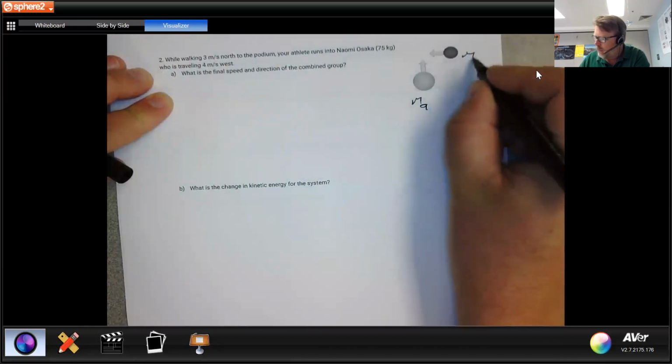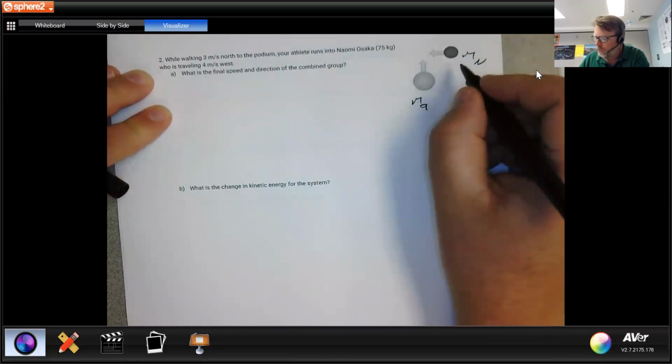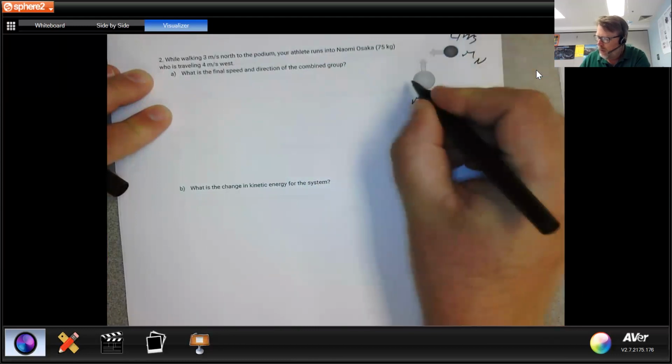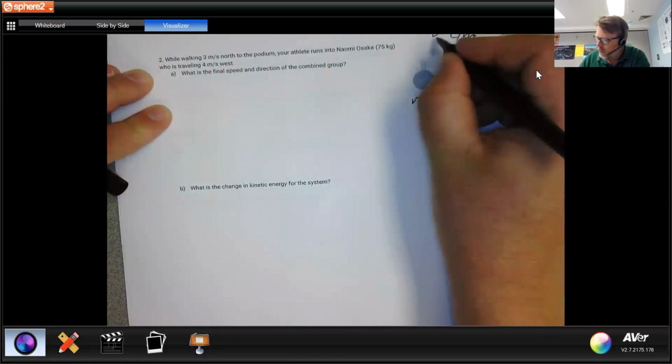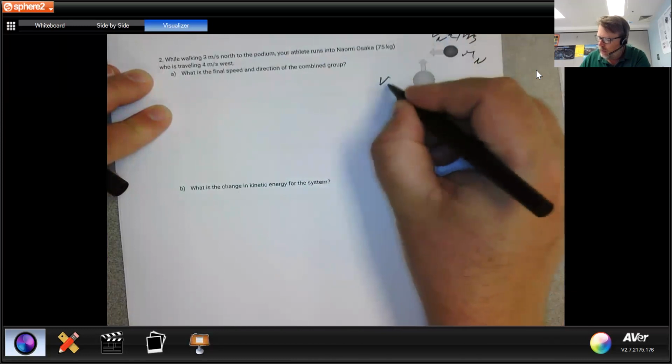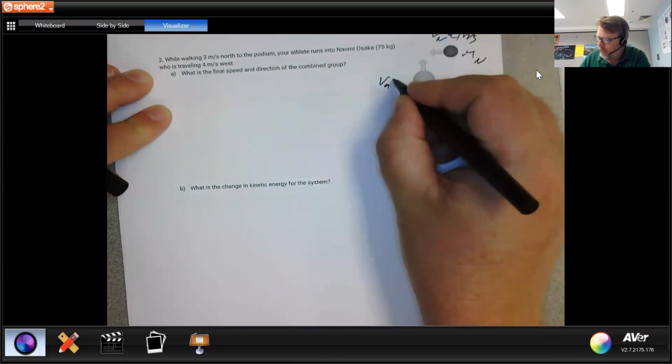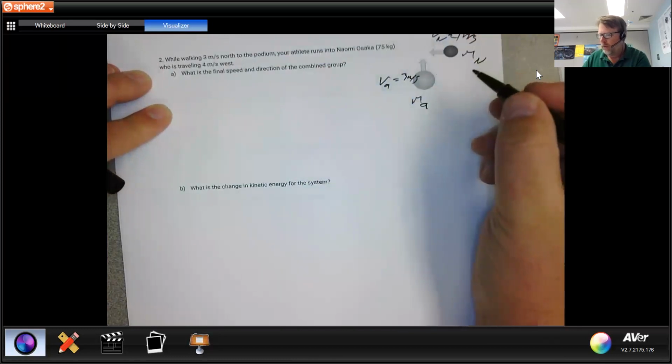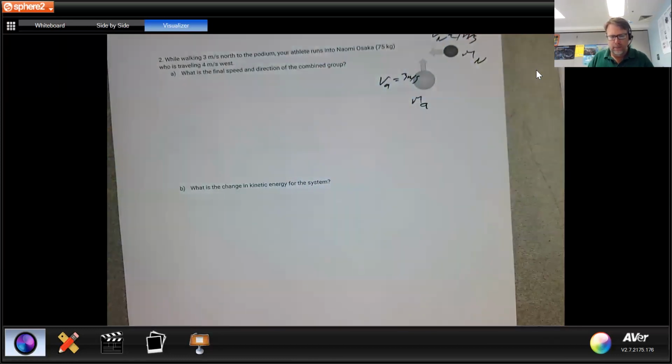We have mass of Naomi over here. She is traveling west. So that's V Naomi. And the velocity of our athlete is 3 meters per second. What is the combined momentum of this group?